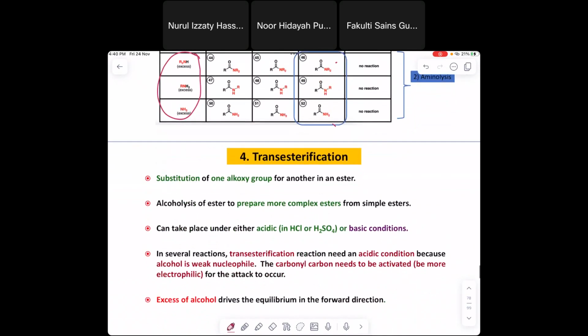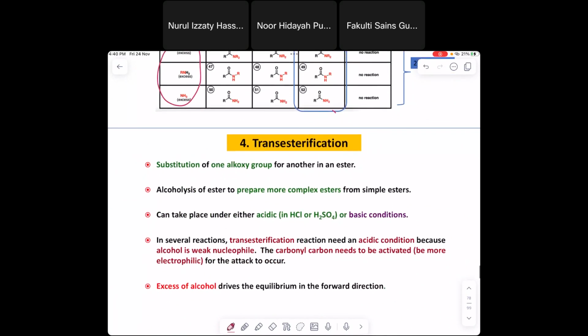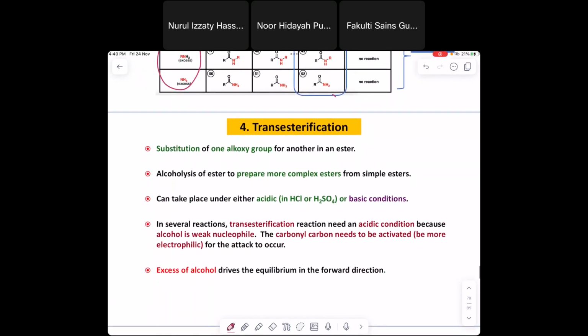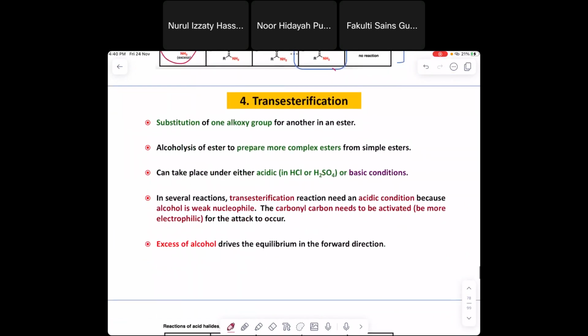Okay, trans-esterification ni adalah macam nak buat ester, but another form of ester. Dia hanya substitute one alkoxy group for another in an ester. Dia sebenarnya dia boleh start pada ester lah, tapi kita nak tukar salah satu substitution dia kepada another alkoxy group.